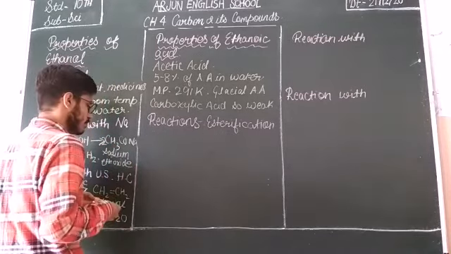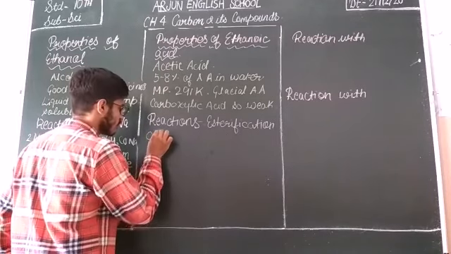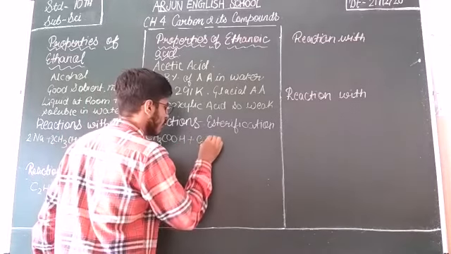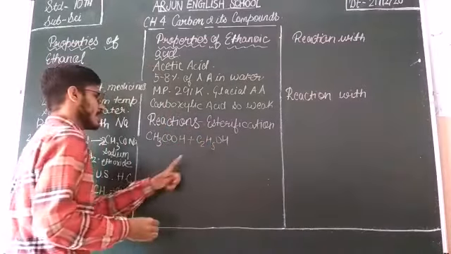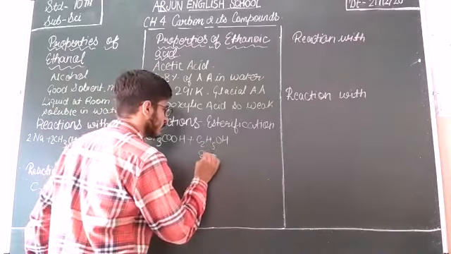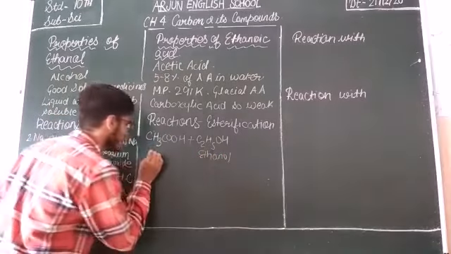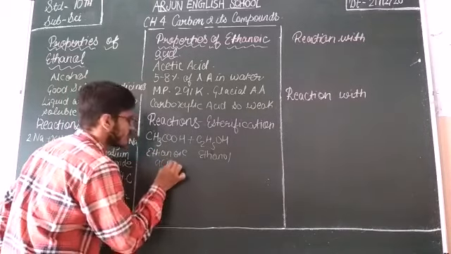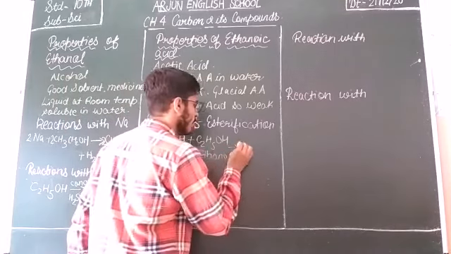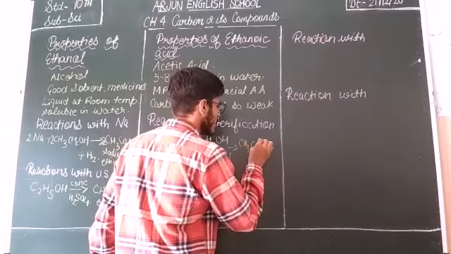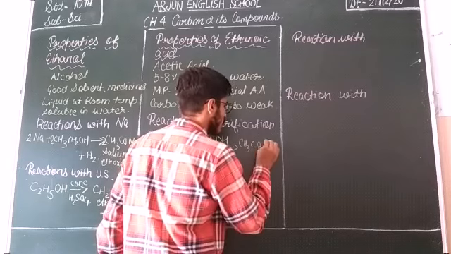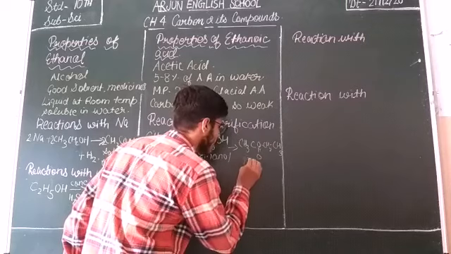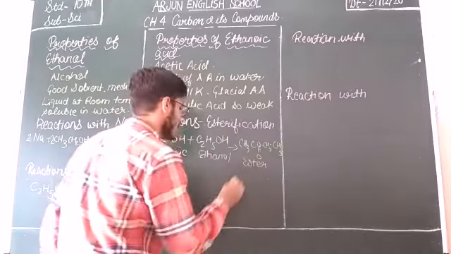When alcohol reacts with acid, what will be the result? It will be CH3COOCH2CH3. This is ester, plus H2O.